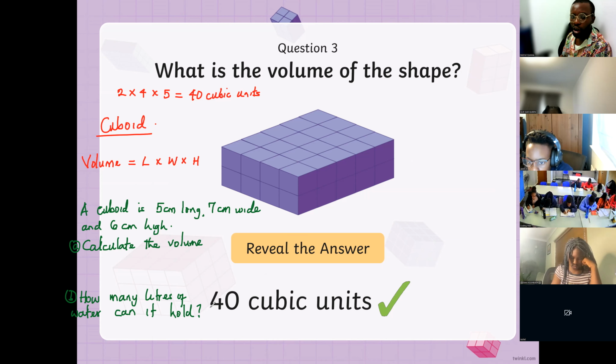Calculate the volume of oil and find out what amount of liters it can hold.